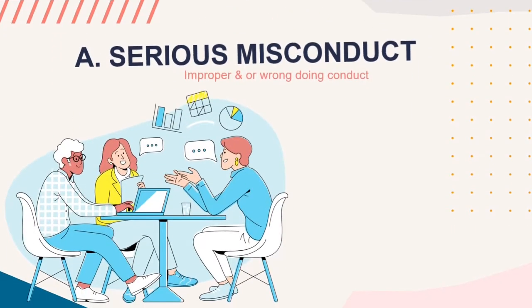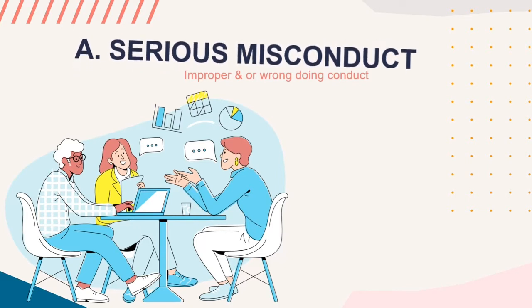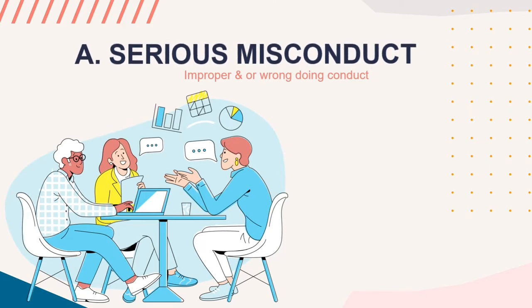Now, what is serious misconduct? This is defined as any action having the effect of destroying or undermining the relationship of trust and confidence between an employee and an employer. Or in short, these are improper acts and wrongdoing.